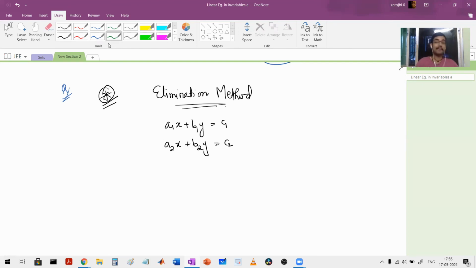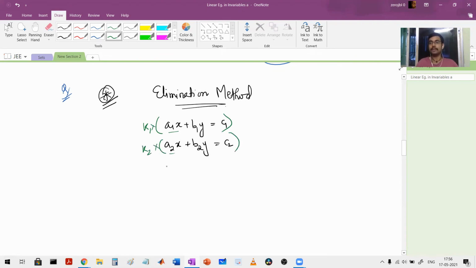Anyway, so here is the elimination method. And what do you do here? See, you take anything. You just target either the variable x or y. And you multiply both the equations with some constant. Suppose you multiply this entire equation with k1 and you multiply this entire equation with k2.